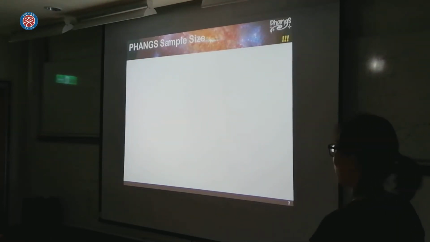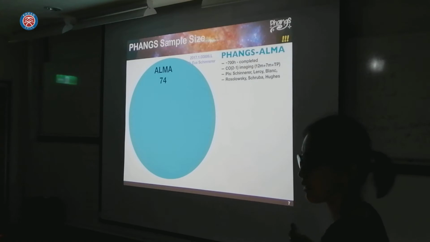And here I'm going to show you the sample size of PHANGS. The first one is PHANGS-ALMA. PHANGS-ALMA is an ALMA large program led by Eva Schinnerer. This project observed 74 nearby galaxies in CO(2-1).